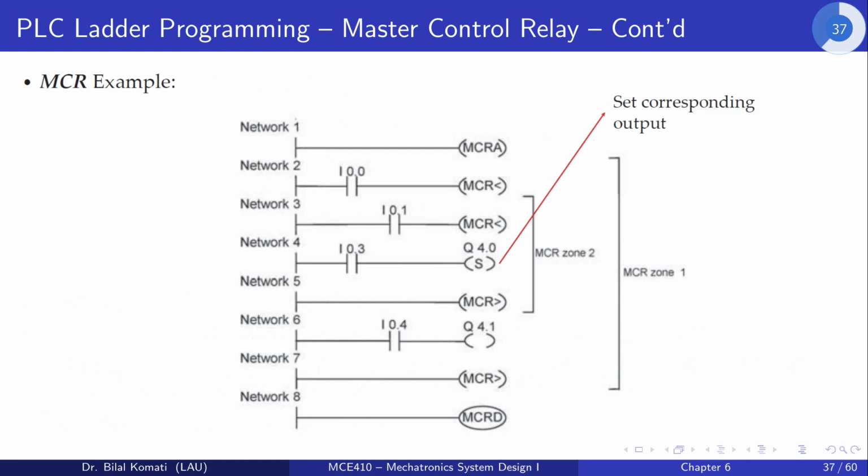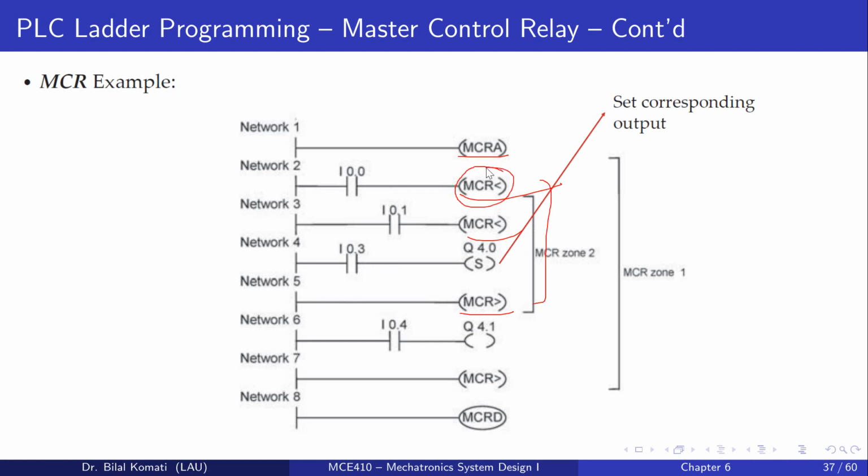So this is an example. Here we activate, for example, the MCRA, and in the two we can open and close the zone. So the MCR zone will be this one, where we open it and close it here. This is the zone of MCR zone 2, and zone 1.